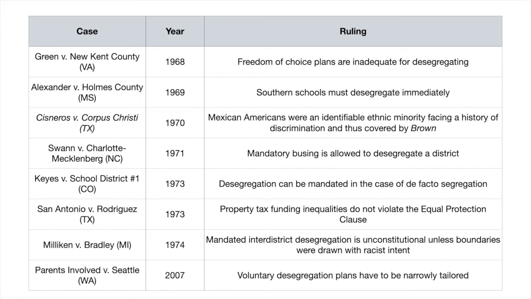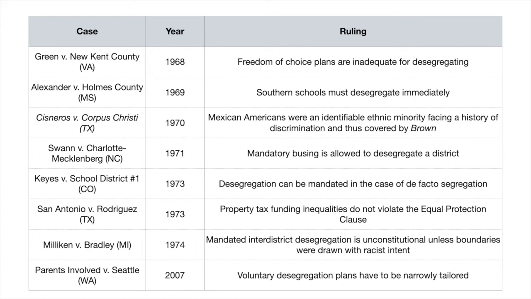Two districts next to each other could have very different racial compositions that amounted to segregation between districts. And so the case was suing the legality of an inter-district busing plan, because that's what the Metro Detroit area was trying, mandating busing between districts. So regardless of which district you live in, you could be reassigned in order to desegregate across a metro area.